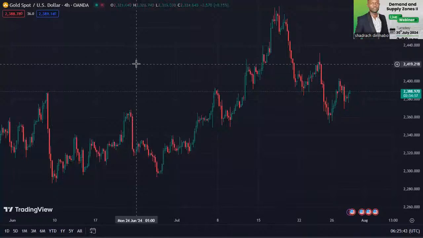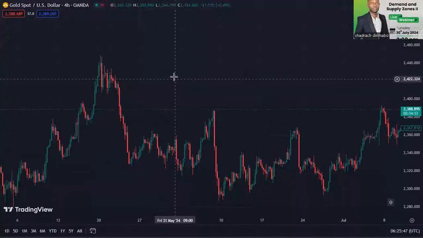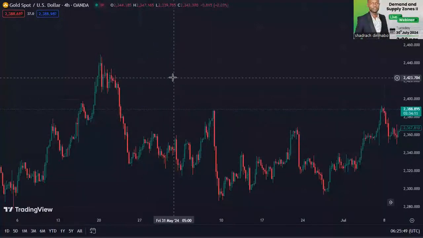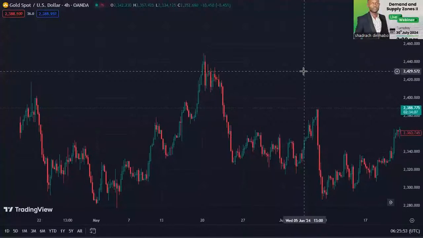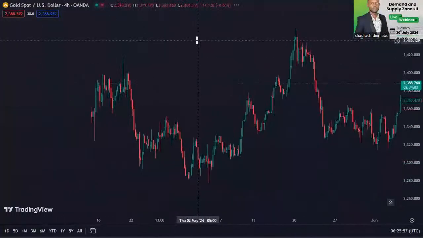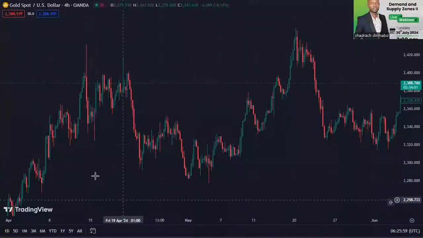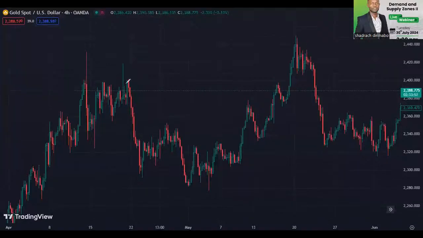Let's see drop, base, drop. I just want to bring a very simple one. Let's look at this. Drop, base, drop. So you have this drop. There's a base point here, in the form of a rectangular horizontal channel.